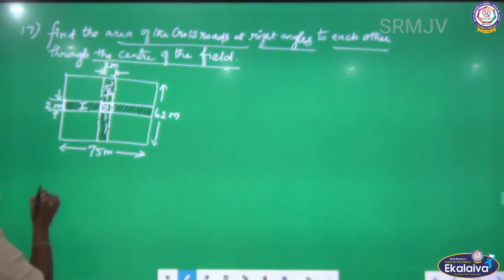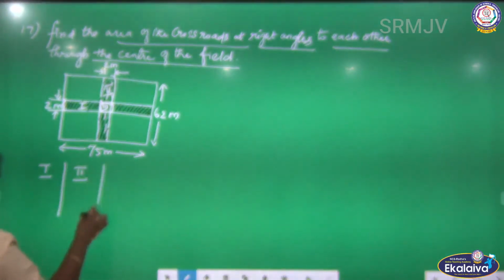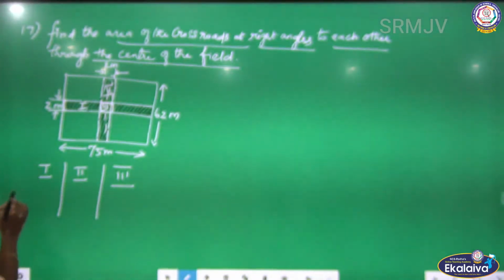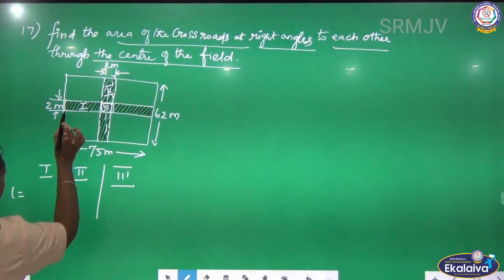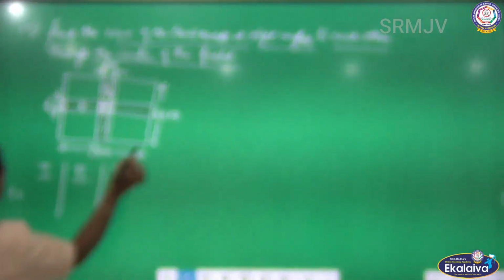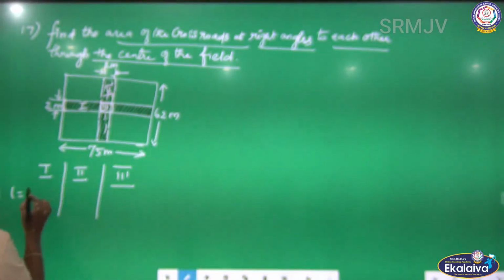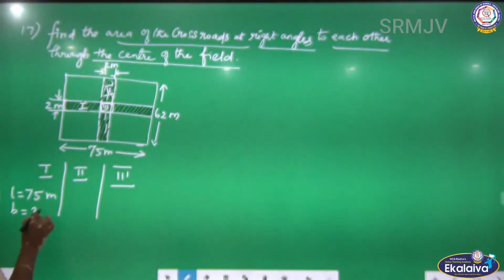We can write for figure 1, figure 2 and figure 3, length and breadth. See, this is my rectangle. This side is 75 meter, and the breadth they are given as 2 meter.